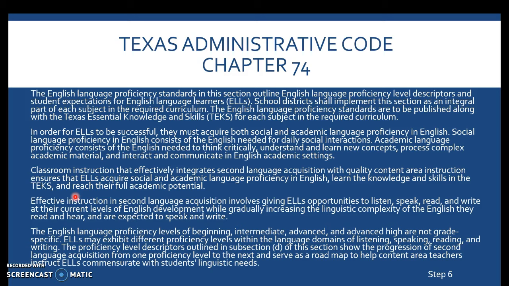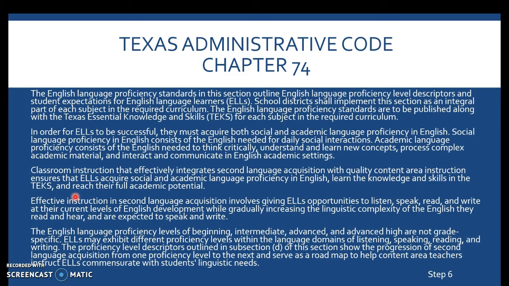But in a nutshell, it's the law for you to provide and differentiate classroom instruction for any students in order for them to acquire a second language. And it's making sure that you are providing support at the level they're at. So when we're talking about English language proficiency, we're talking about listening, speaking, reading, and writing. With these students, you need to make sure that you're incorporating many opportunities for them to actually speak, for them to actually write, so that way you're getting an accurate picture of where exactly they are at.